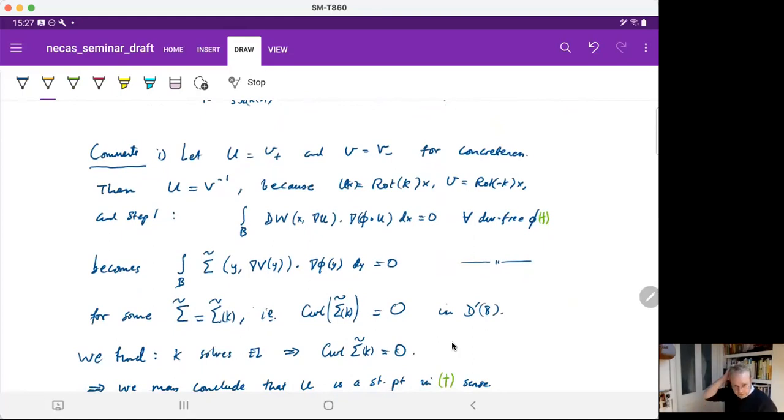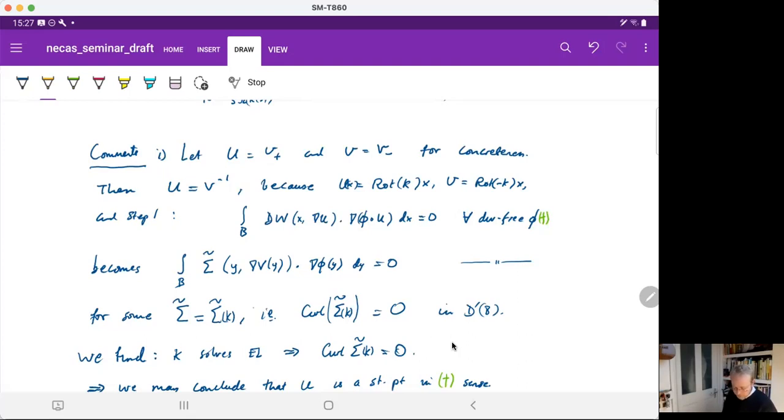So the first step, which was to show that the gradient of W dotted with the gradient of phi composed with U for div free phi, that becomes something that has to be shown in terms of some other map sigma tilde that I won't write down now. It's just something you can derive from the setting. So it becomes something one has to check.